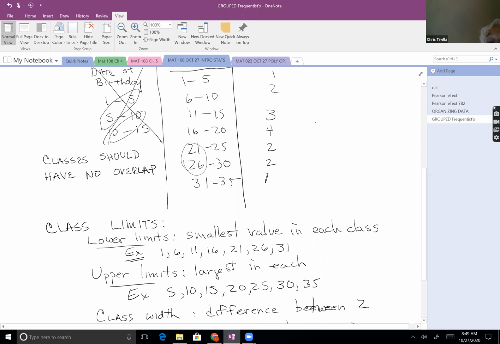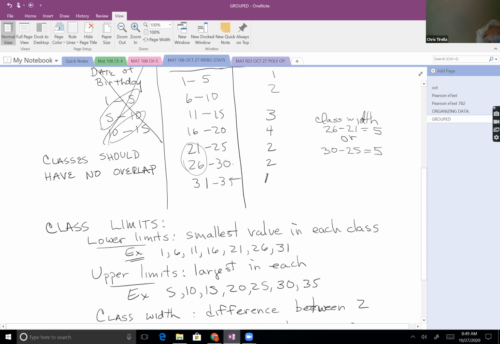So for the class width, it doesn't matter which classes you use. You can take any two classes. The class width here could be 26 minus 21, which is 5, which tells me I've got 5 values in each class. Or I could subtract the larger limits, 30 minus 25, which also gives me a 5. But if I'm using lower limits, they should both be lower limits.